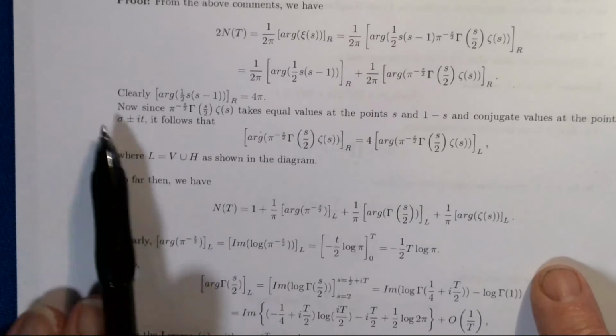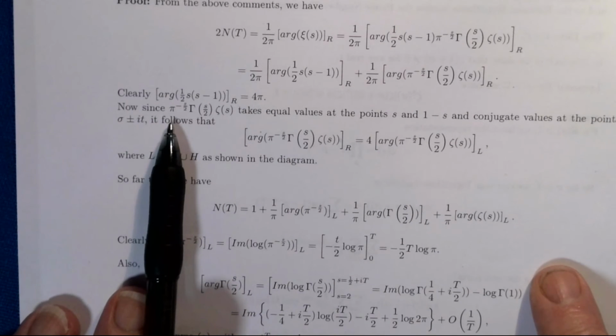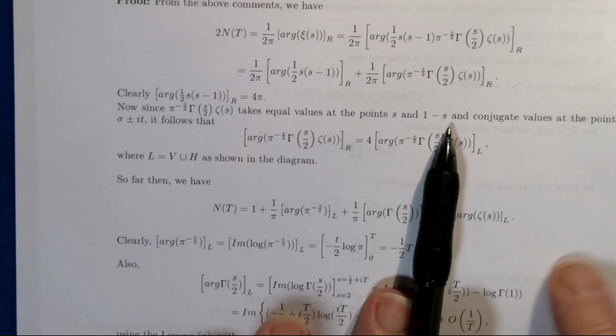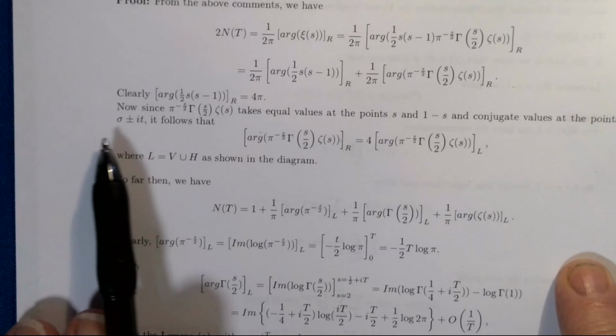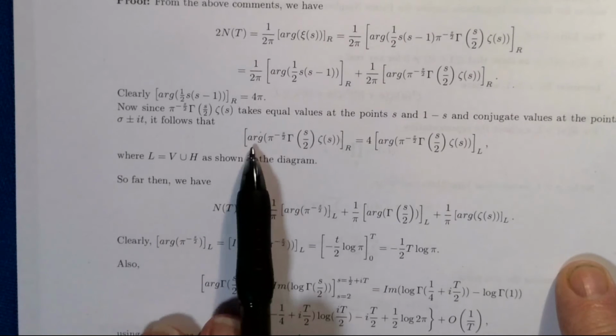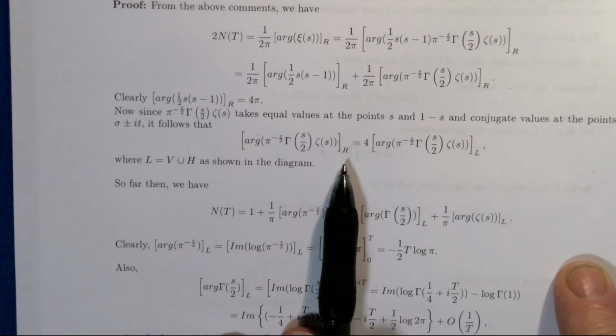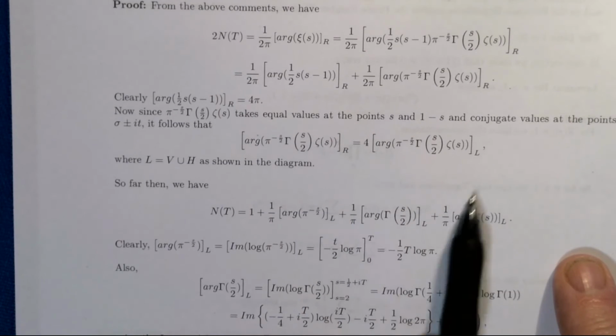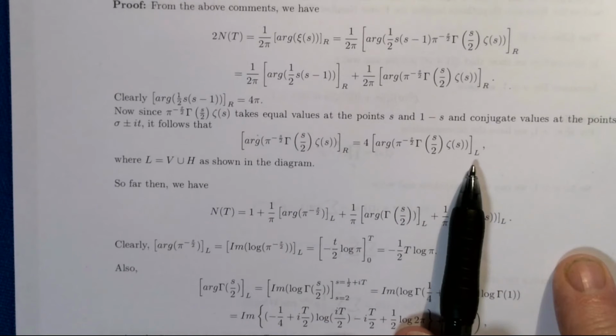Now, since this one takes equal values at s and 1 minus s, and conjugate values at s plus or minus it, we can say that the change of argument of this, as you go around the whole rectangle, is just going to be 4 times the change of argument as you go around L. This is this quarter of the rectangle.